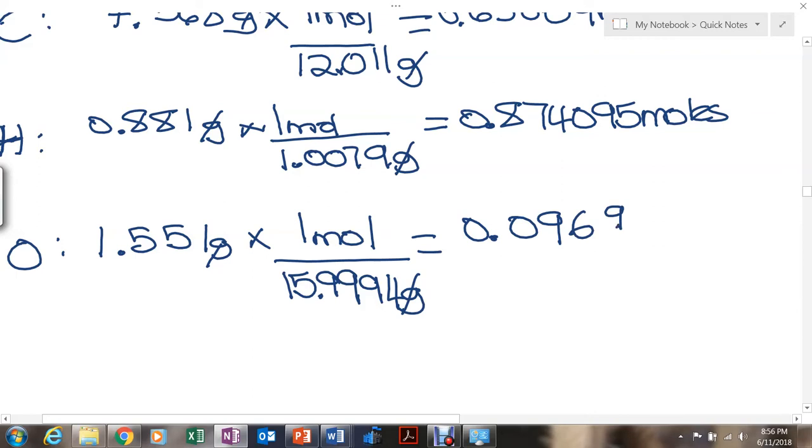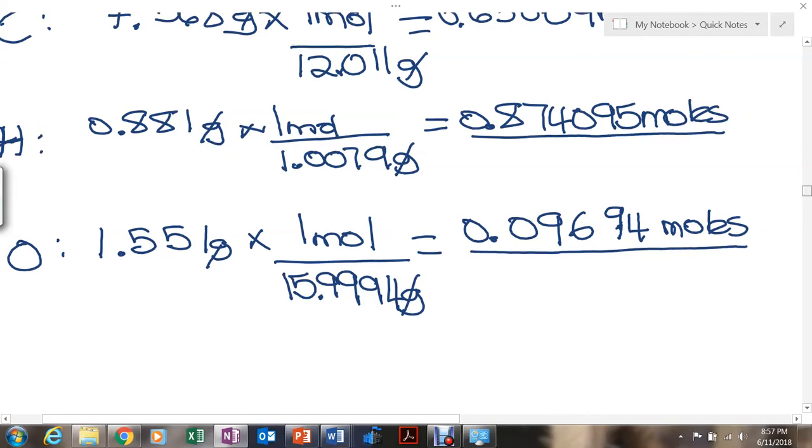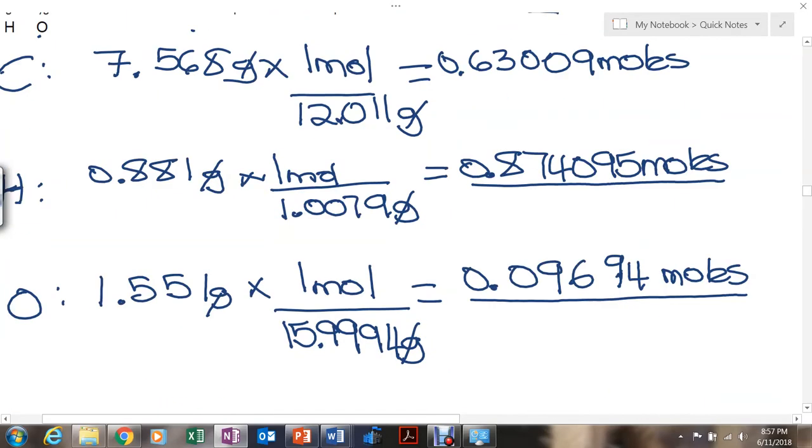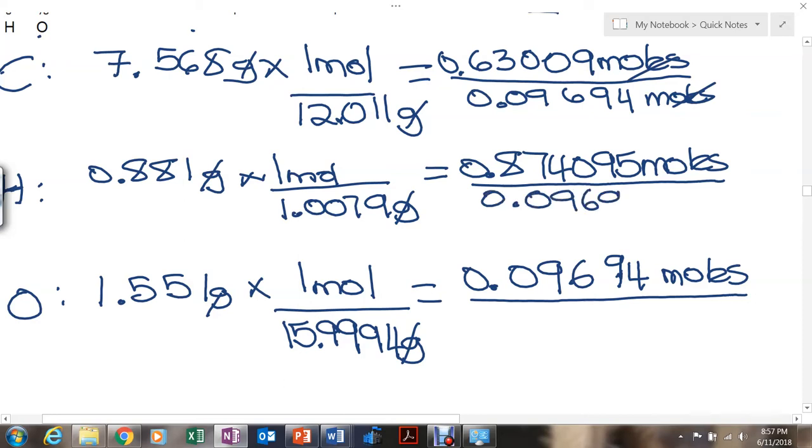That gives 0.09694 moles. Now we have to divide by the smallest amount of moles. The smallest is the oxygen, at 0.09694 moles. So we divide each by 0.09694 moles.